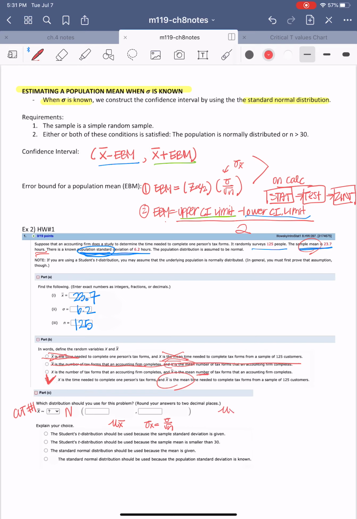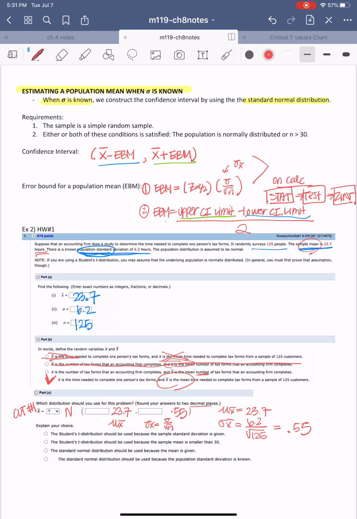The mean of x bar is just your mean value, which is given as 23.7. Sigma of x bar is sigma, which is 6.2, divided by square root of 125. It says rounded to 2 decimal places, so 0.55.